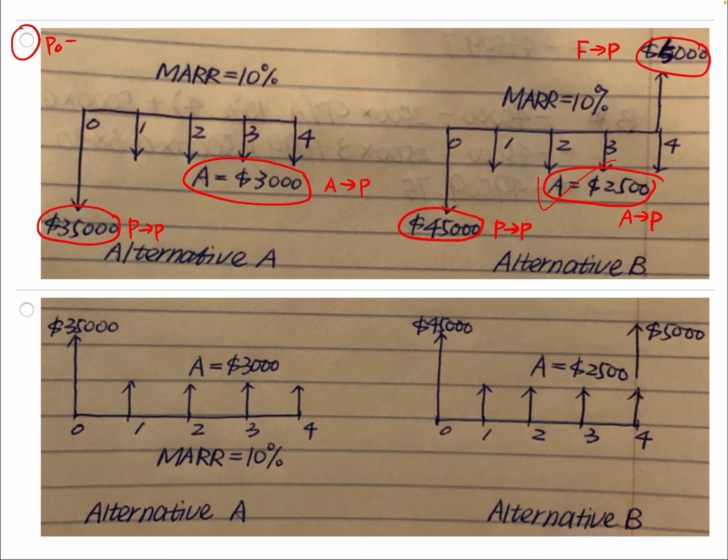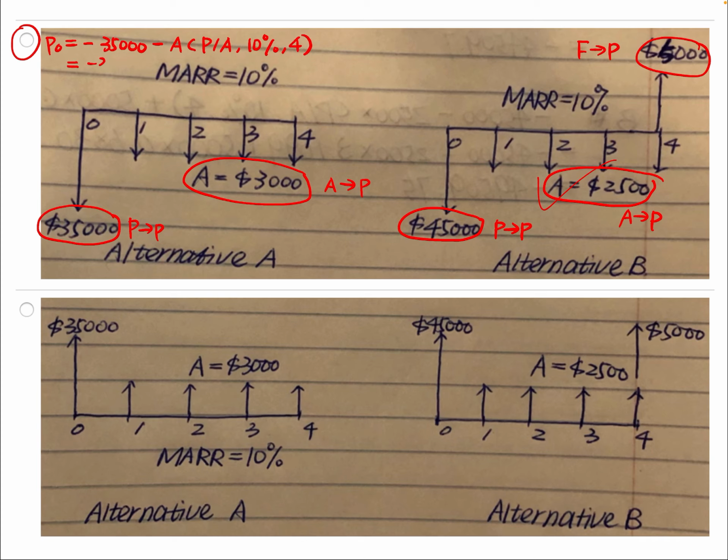So if you write down the PW for alternative A, you're gonna have negative 35,000 at the beginning, and then you're gonna have negative annuities converted to the present value. So the formula is A times (P/A, 10%, 4), okay?